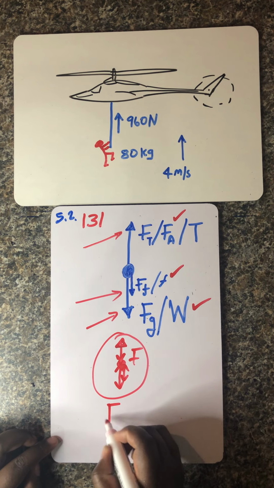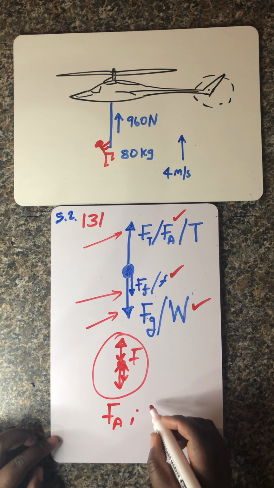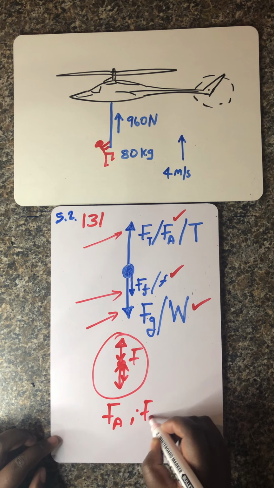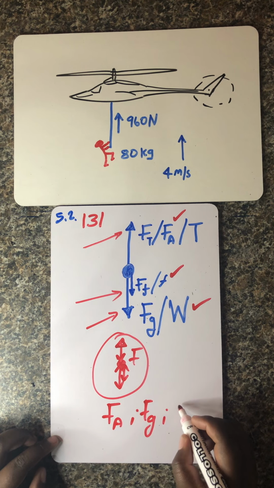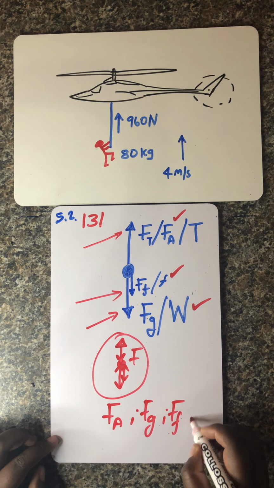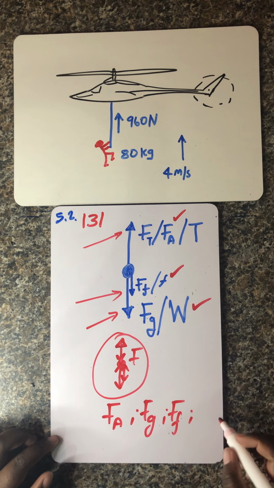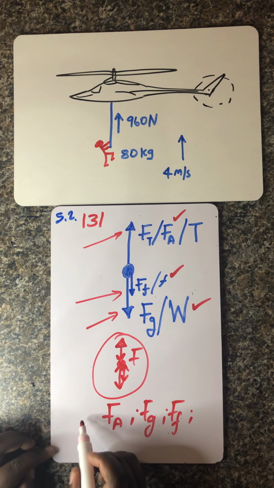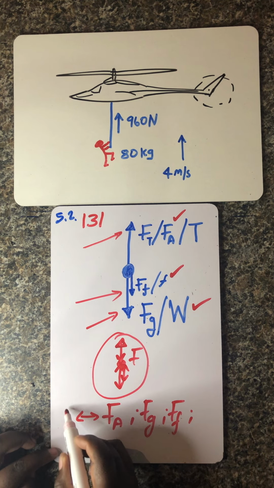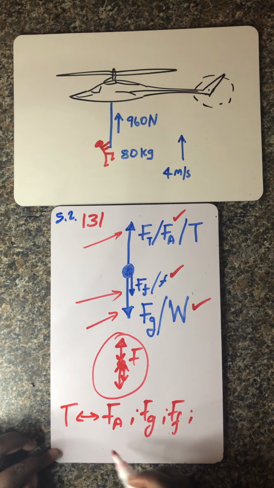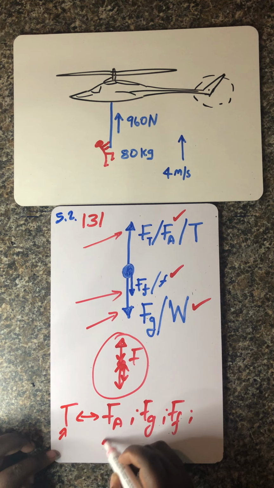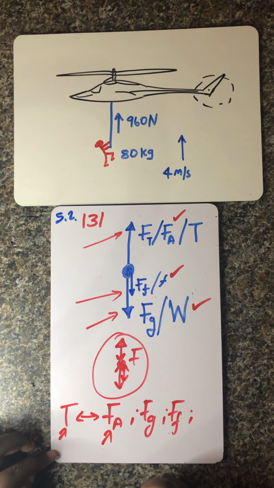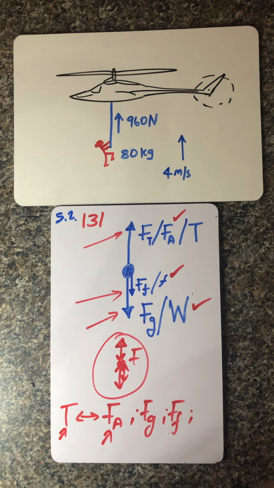So you normally have force applied, you have force of gravity, you have force of friction, and you might also have, just like there, tension and force applied. Sometimes they just choose to use tension. In some questions it could be force applied. Very important that you are aware of those types of forces.